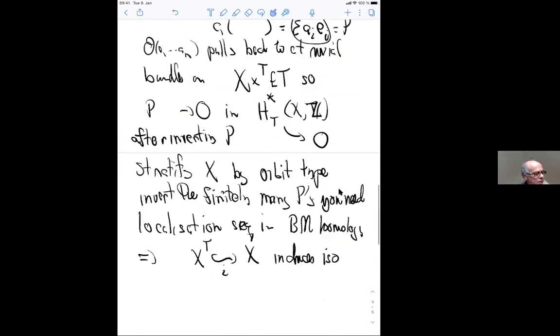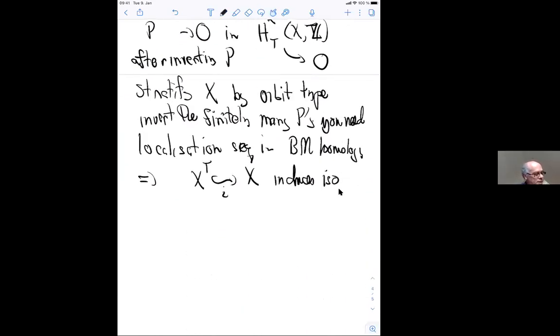So that induces an isomorphism in equivariant cohomology. And that's the localization theorem. That's the Atiyah-Bott localization. Okay, so that's sort of half the story.